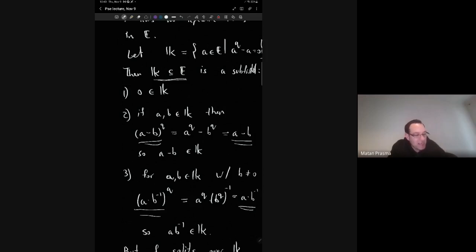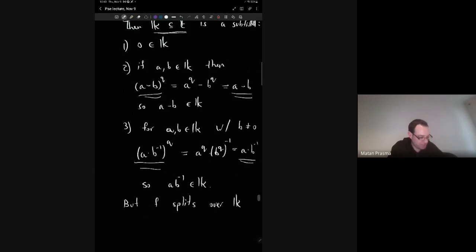And since E is the splitting field, if you recall, it's the minimal field in which f splits, it means that K has to be equal to E. And thus I get that I have a field of Q, or P to the n, elements. Okay, so this is existence.